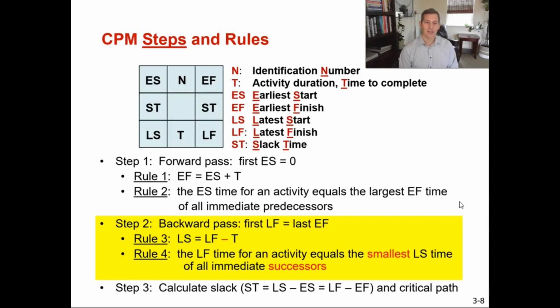So our first LF equals the last EF. They will always be the same. Our LS, our latest start, equals our latest finish minus time. And then rule number 4 is the latest finish time for an activity equals the smallest latest start time for all of the immediate successors.